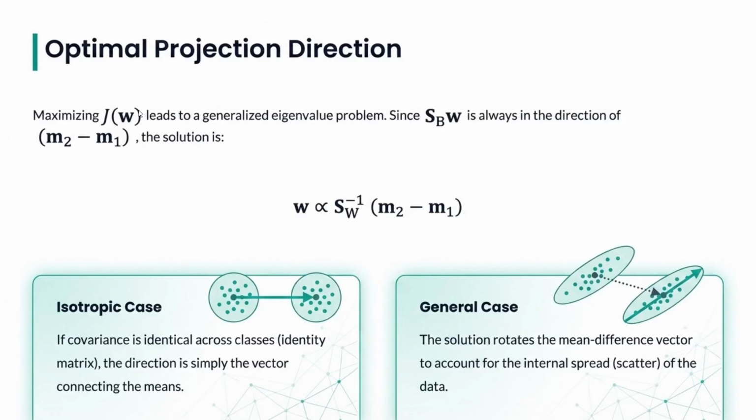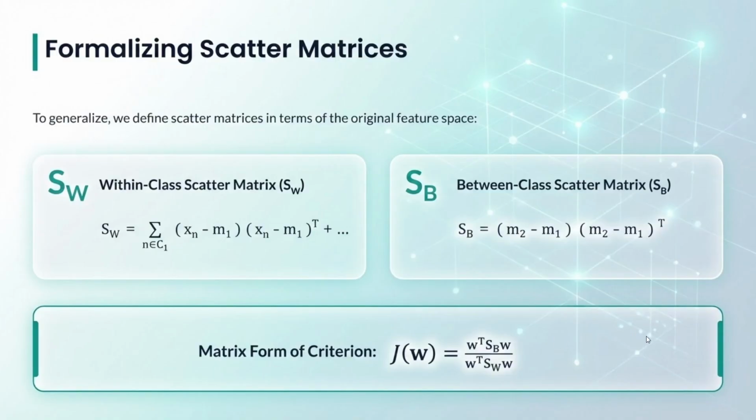Now maximizing J(W) leads to a generalized eigenvalue problem. And since SB W is always in the direction of M2 minus M1, the solution follows.